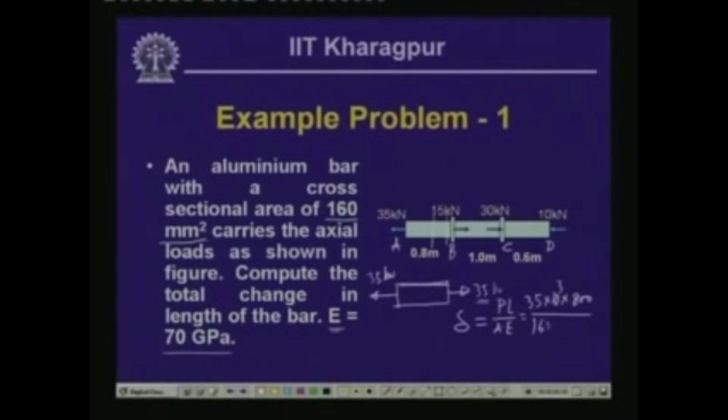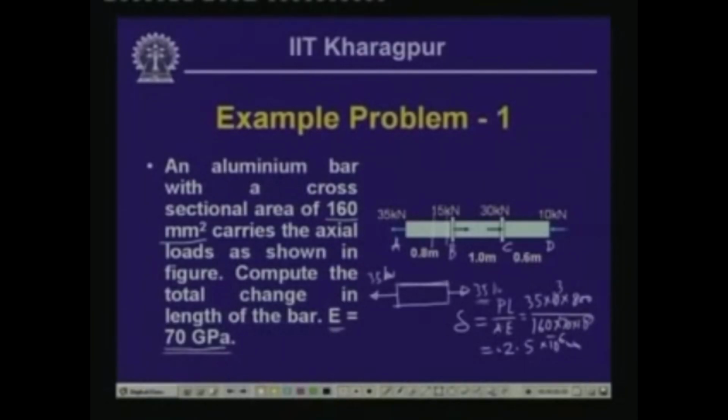So, 160 multiplied by E. E for this particular material is 70 GPa, which is 70 into 10 to the power 9 Pascal. This value, if we compute, comes to 2.5 into 10 to the power minus 6 millimeter. Now, this particular bar, since it is undergoing axial pull, the tensile pull, this is positive elongation.